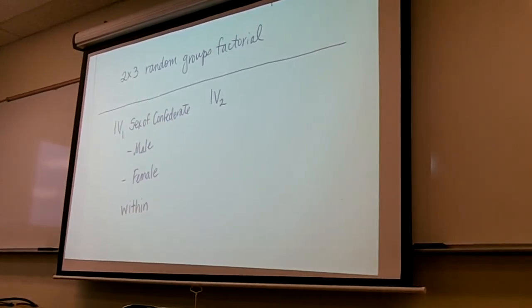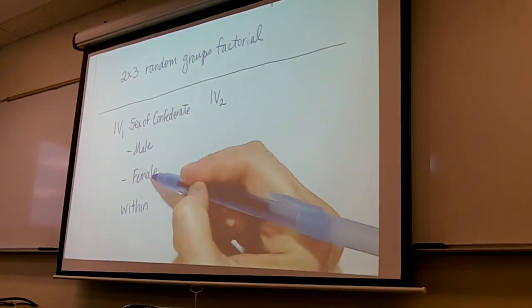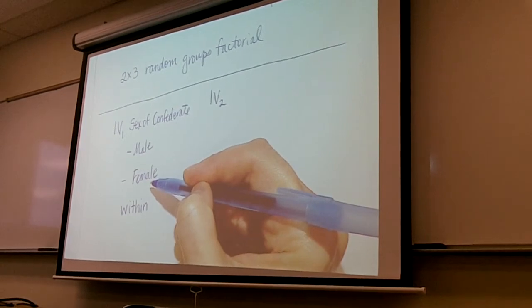So all I can say is I do know that all of the subjects heard polygraphs made by a man and they heard polygraphs made by a woman. They looked at 20 polygraphs. Half were made by a man, half were made by a woman. So they had to get stimuli from both of these conditions. Make sense? That's why it's within.